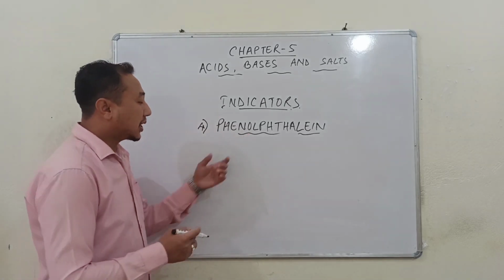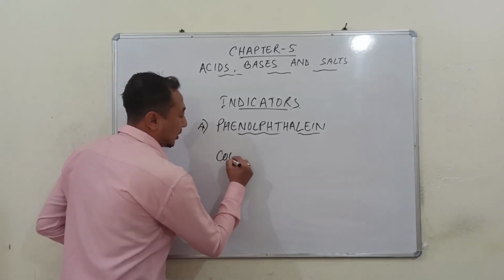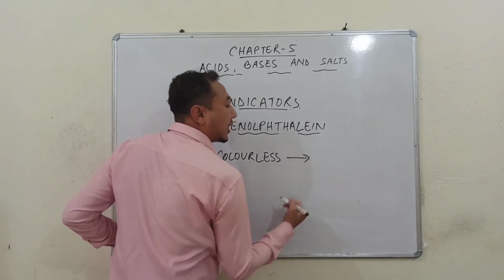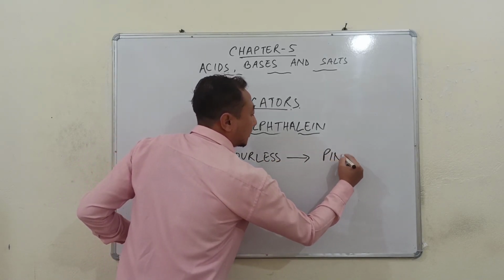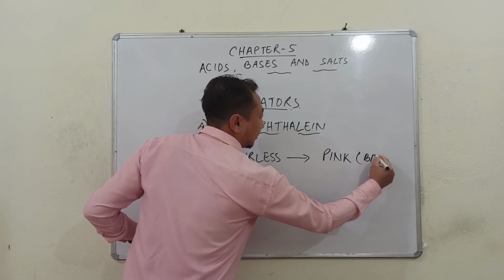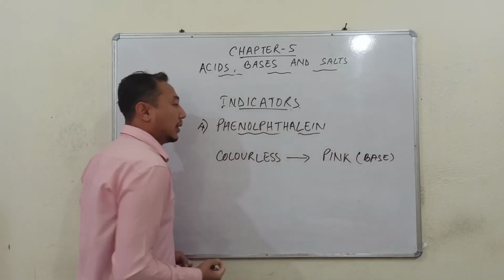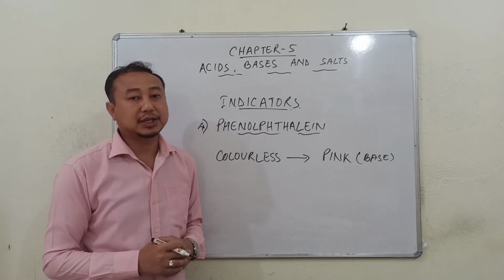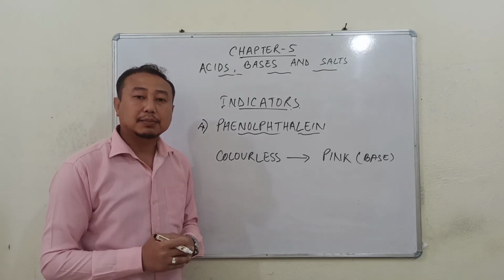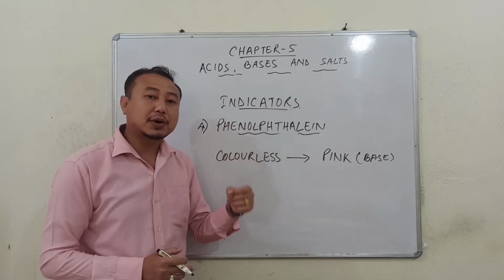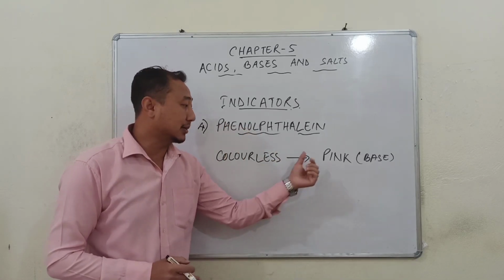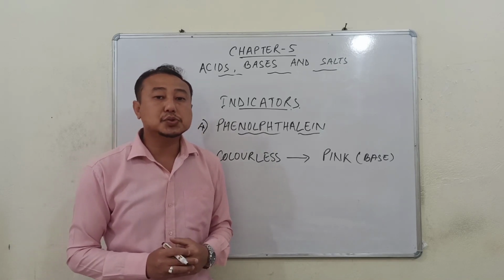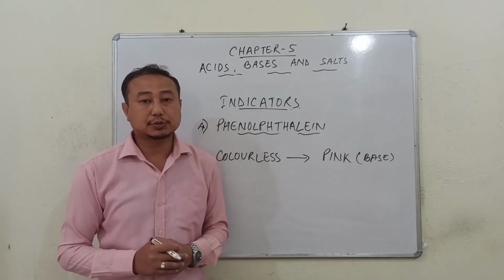But when this colorless phenolphthalein is mixed with a base, then it will change into pink color. The same colorless phenolphthalein also doesn't change its color when it is mixed with a neutral substance. That means that phenolphthalein can be used to identify whether a given substance is a base, but it cannot be used to identify whether the substance given to us is an acid or a neutral substance.